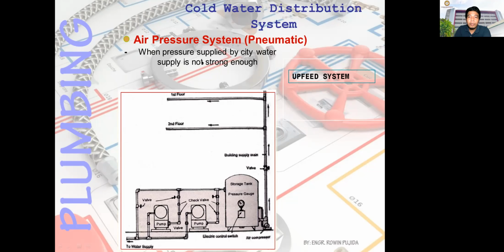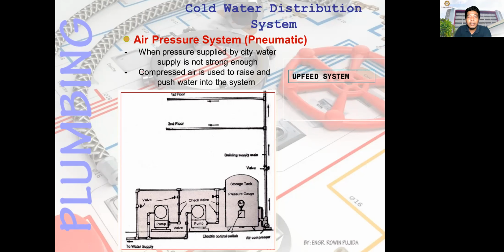So when pressure supplied by the city water is not strong enough, maybe in some areas the water supply is not strong enough to give your second floor enough water, or maybe your third floor. Okay? So that's why if you have a 3-story building, you should at least have an overhead tank. Okay?